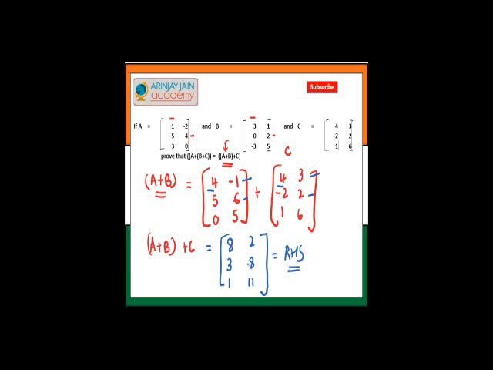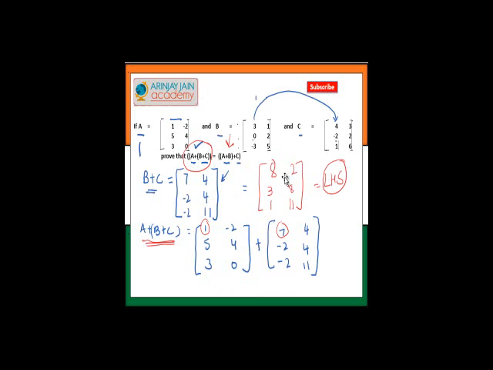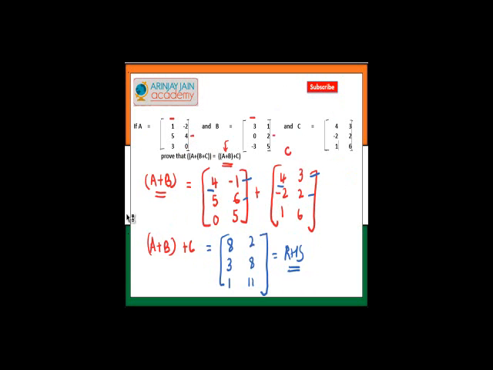Now can I compare this with the left side? It's 8, 3, 1 and 2, 8, 11. What was the value here? It was 8, 3, 1, 2, 8, 11. And how about here? It's 8, 3, 1, 2, 8, 11. Or in other words, I can say that the value of (A plus B) plus C is equal to A plus the value of B plus C. I hope you would have understood this.